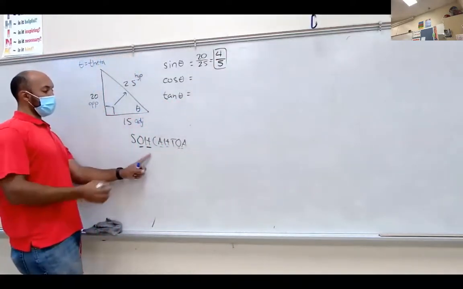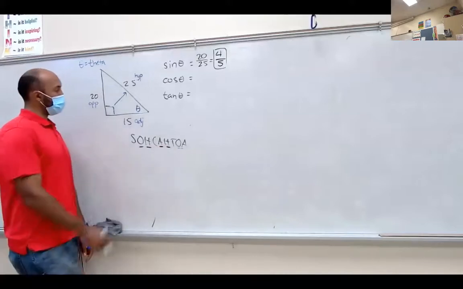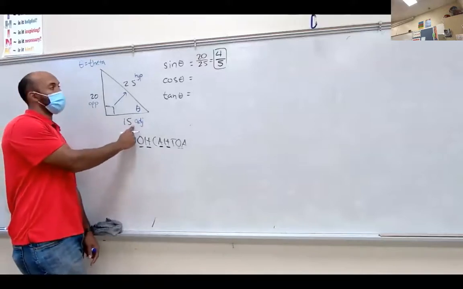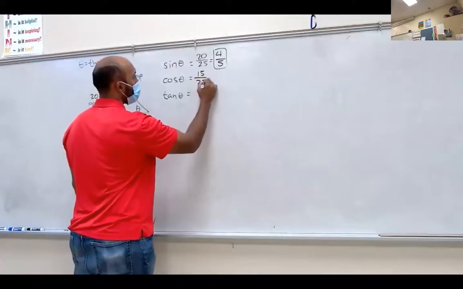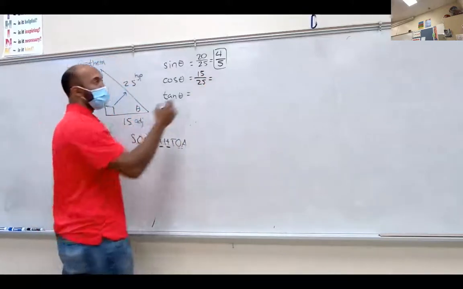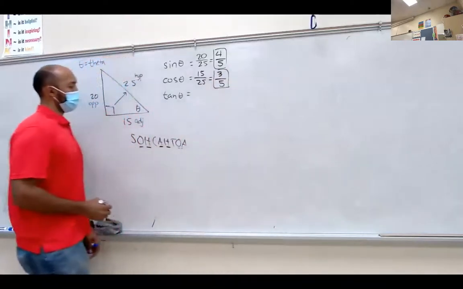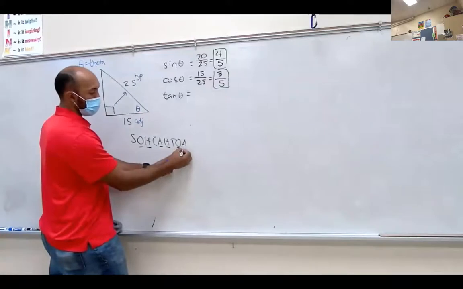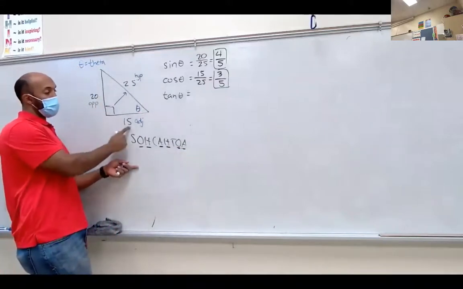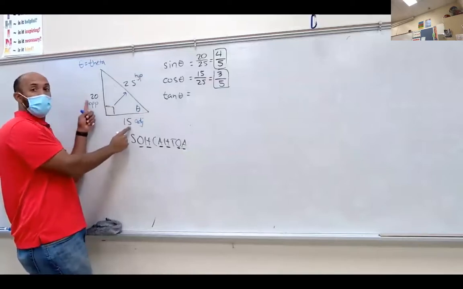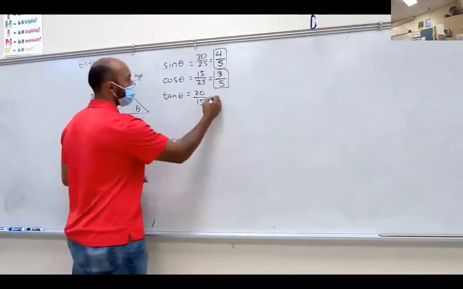Cosine is adjacent over hypotenuse. Adjacent, 15 over the same hypotenuse, 25. Divide by 5, 3 over 5. Last one, tangent, opposite over adjacent, so 20 over 15, and then divide by 5, so 4 over 3.